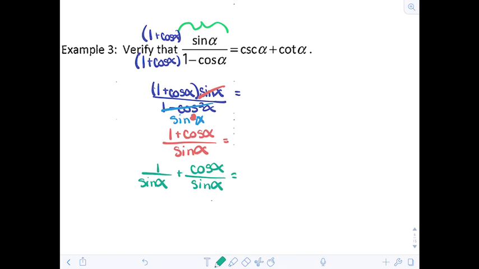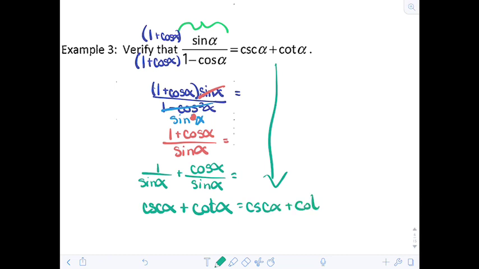Now, as I look at these identities, I know that 1 over the sine of alpha is the same as cosecant, plus cosine over sine is cotangent. And so now we have cosecant of alpha plus cotangent of alpha on both sides. Check, check. All right.